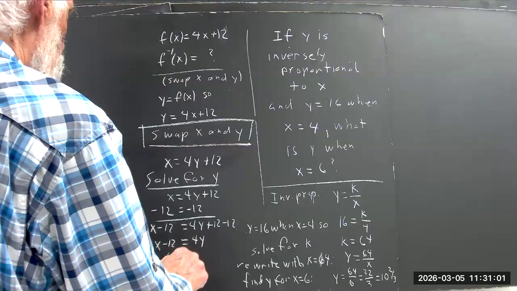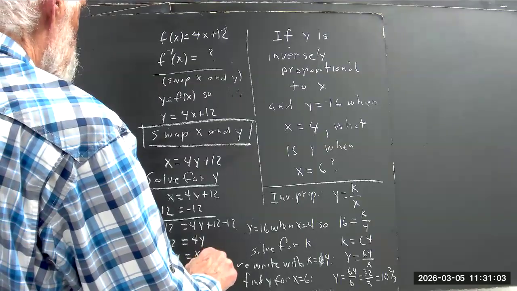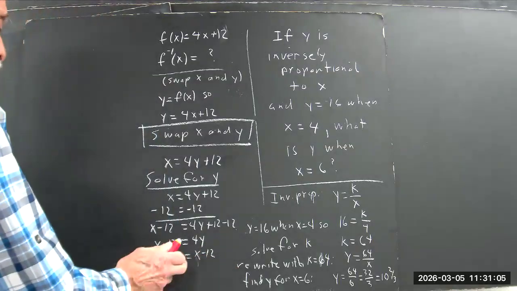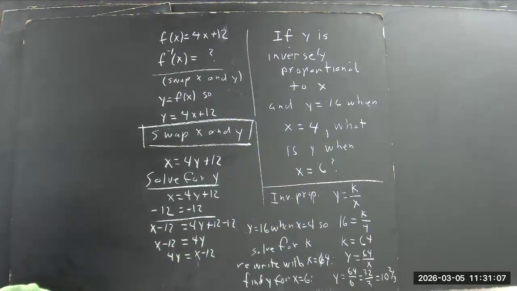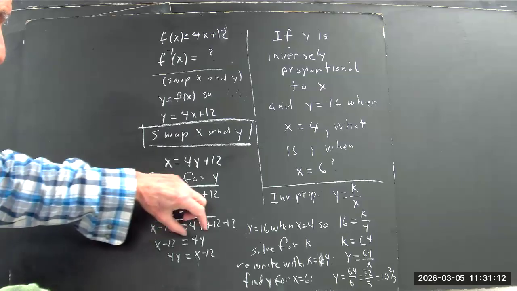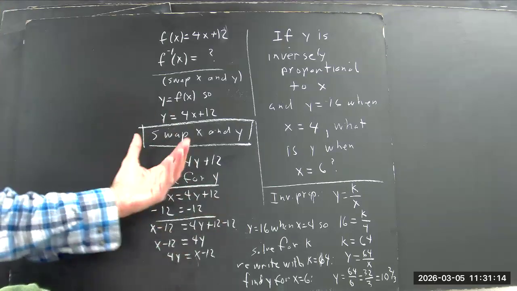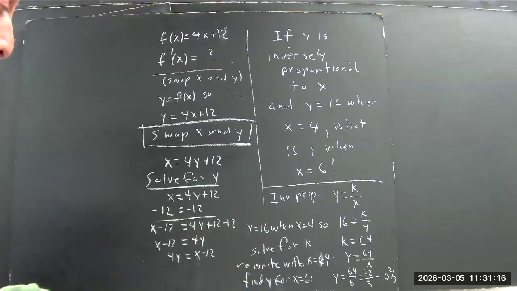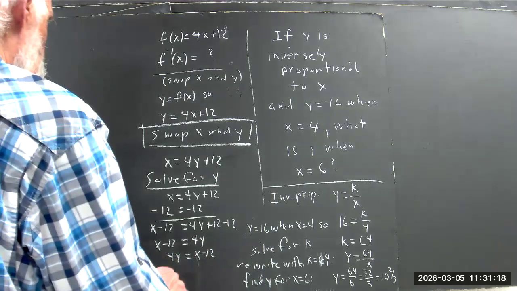Well, I'm going to write this as 4y equals x minus 12, because when we're solving for y, we usually want y to be on the left side. And we can switch the two sides. If x minus 12 equals 4y, then 4y equals x minus 12. They're the same. Then we divide both sides by 4.